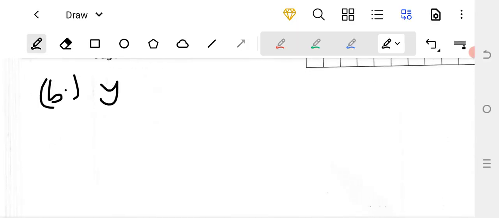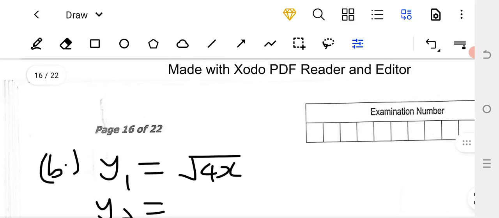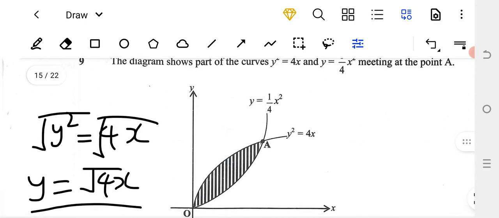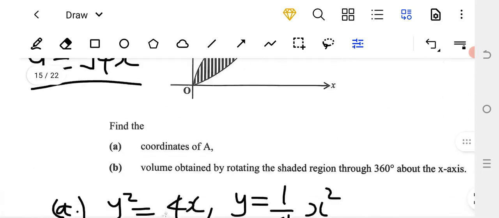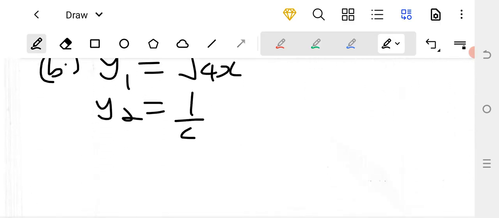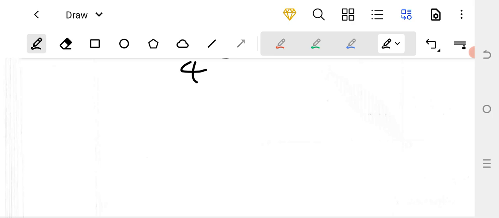So my y1 is equal to square root of 4x. My y2 is equal to what? The bottom function, which is x squared over 4. Then the formula for volume.